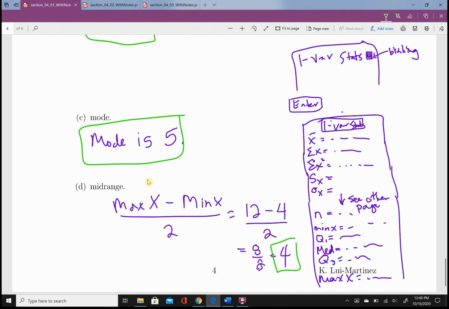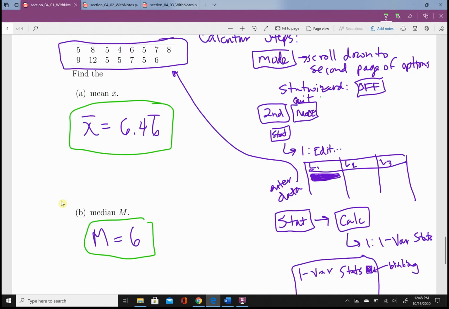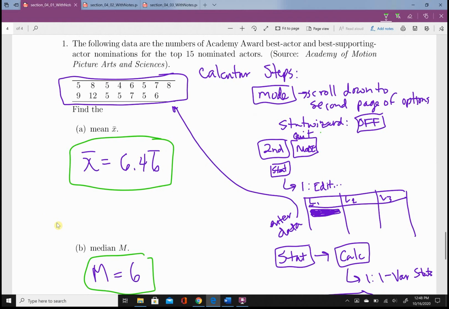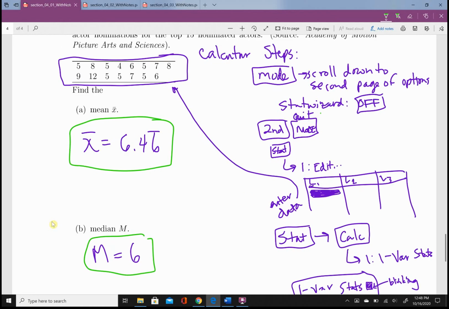And then the mid-range here is just kind of wildly off because it's the same value as the minimum value. So yeah, not all measures of center are created equal. Depending on your data set, one or another could be a better representative, and it's all about having experience with the stuff and being able to make that judgment call.